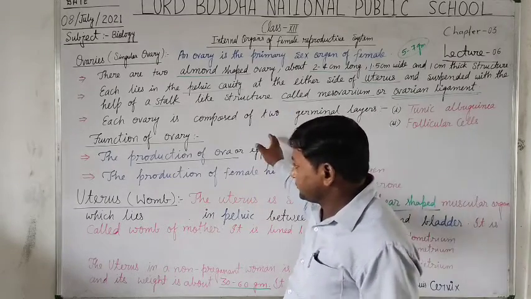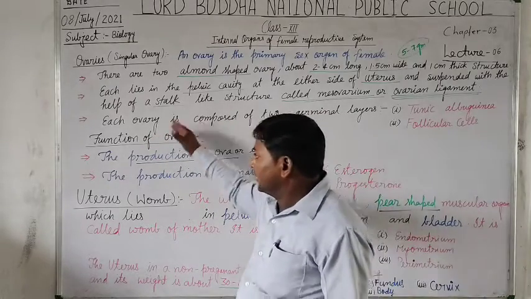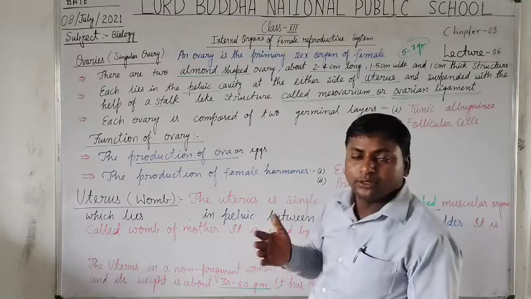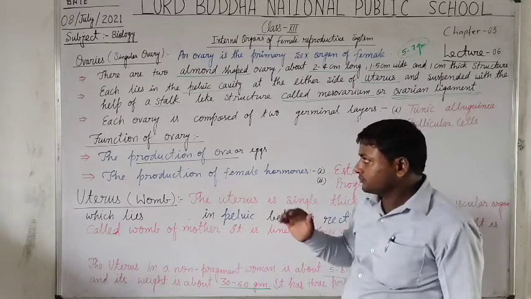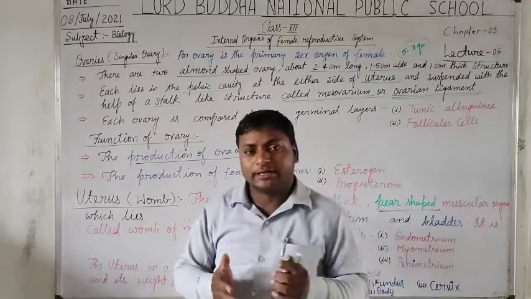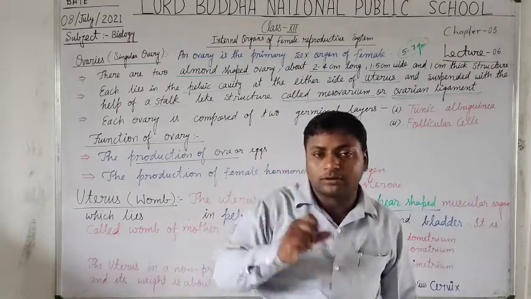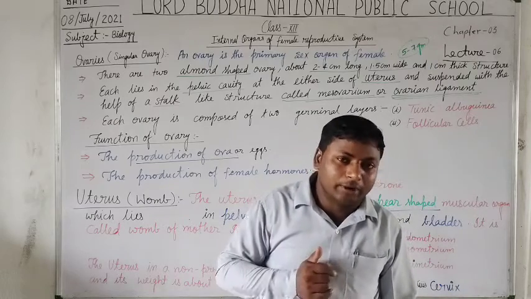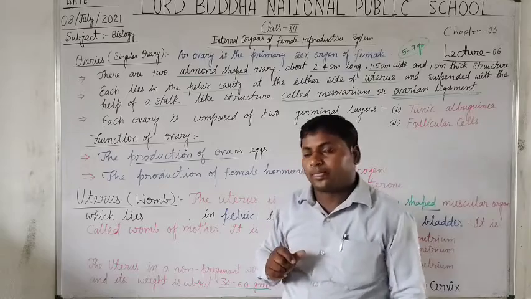Now students, what are the layers that form the structure of the ovary? Each ovary has mainly two parts. The outer peripheral part is called the cortex and the inner massive part is called the medulla.